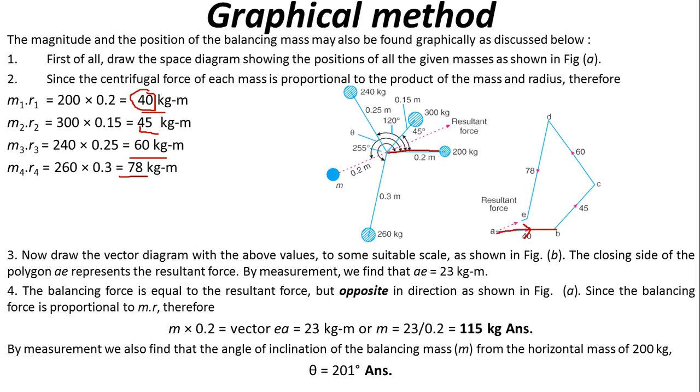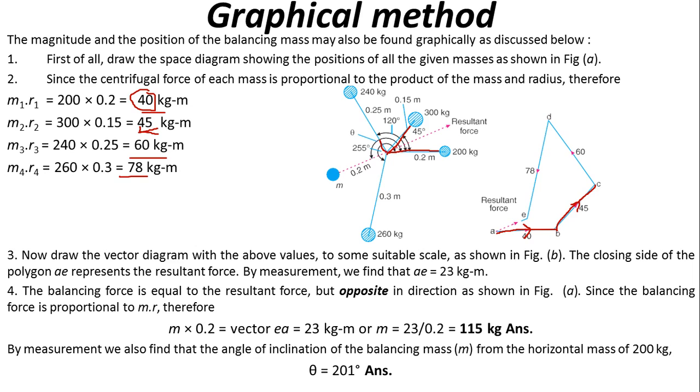Next the second mass, m2 r2, that is 45, at an angle of 120 degrees, whatever angle is given here, I think 75. So you have to take a line of 45 units and draw it at this angle.